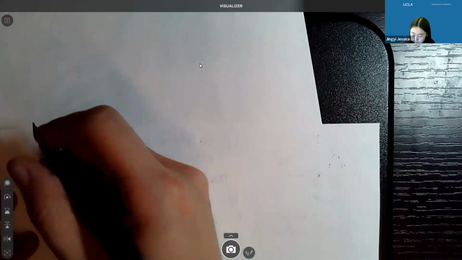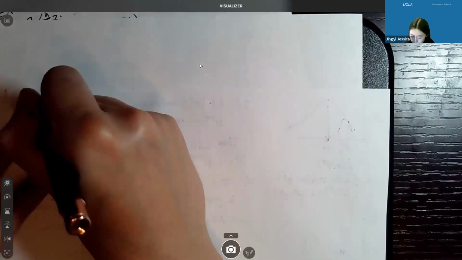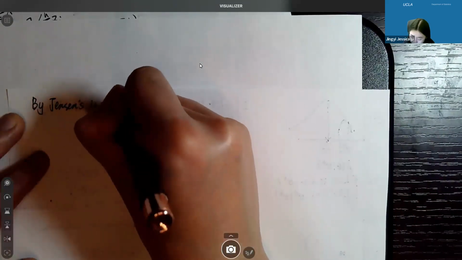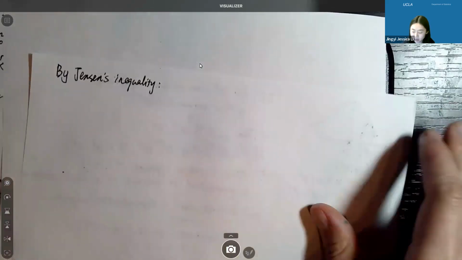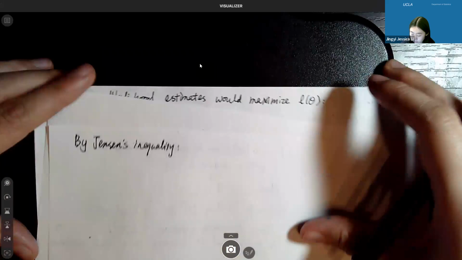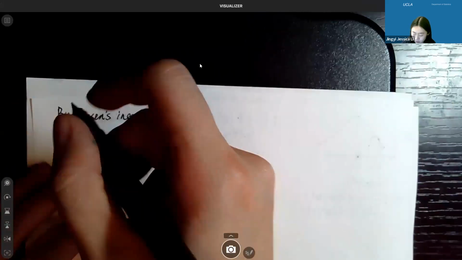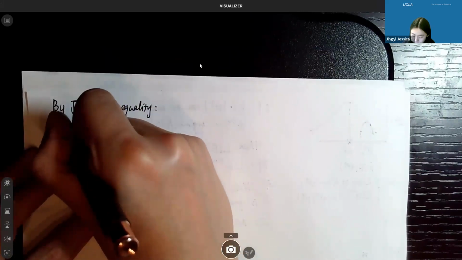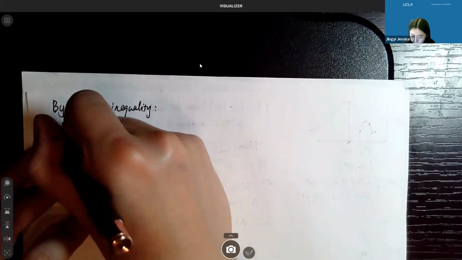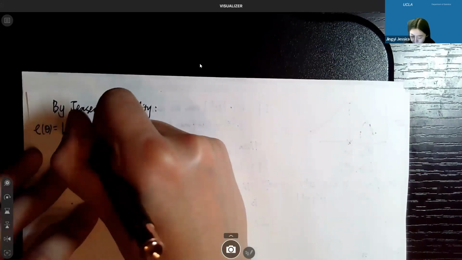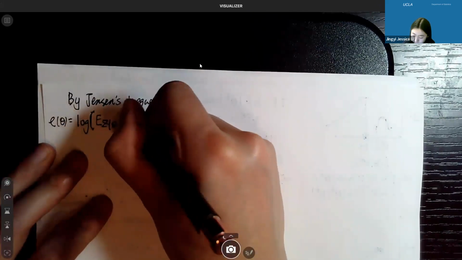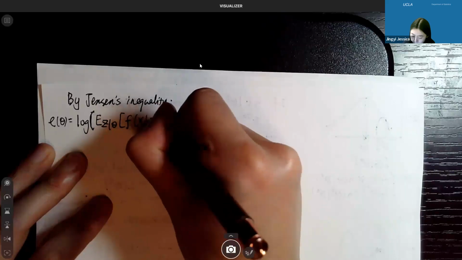So if I turn the page and say that by Jensen's inequality, we would need to do what? We would need to just write the log likelihood, L theta, which is the log of the expectation over z given theta of f x z theta.